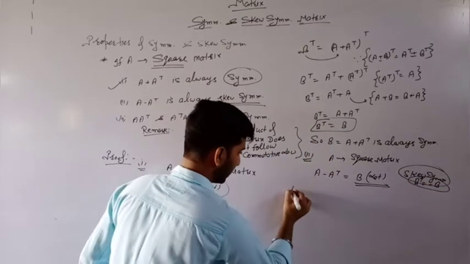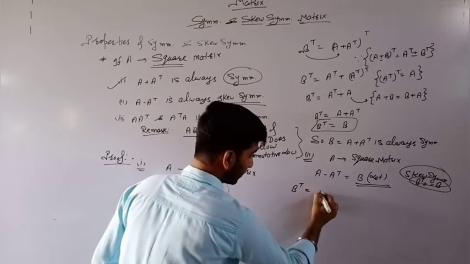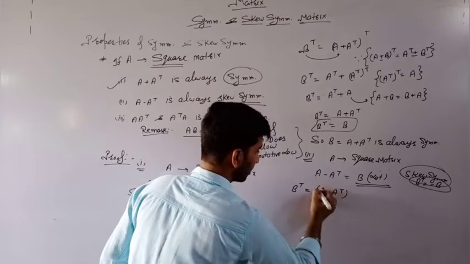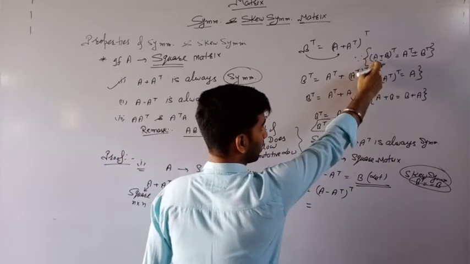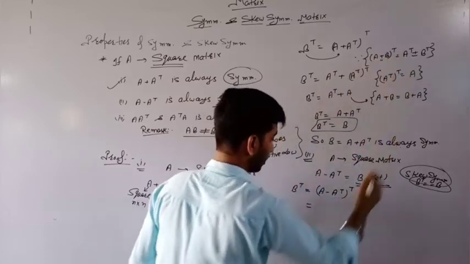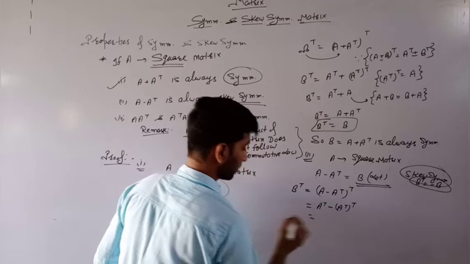Now let's start with B transpose. By putting the value of B, that is A minus A transpose, and using the same law, B transpose is A transpose minus A transpose of transpose.